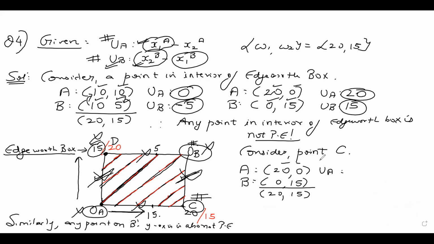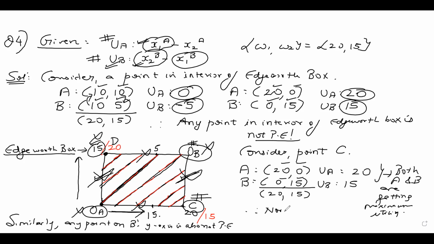The utility which A gets is 20 minus 0. The utility which B gets is 15 minus 0. Both A and B are already getting the maximum utility possible.